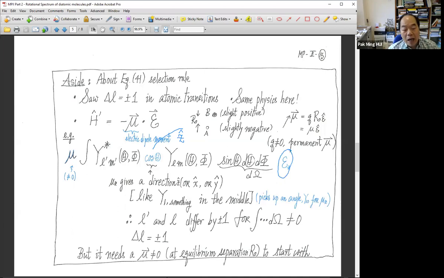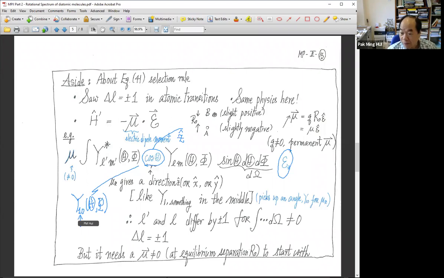Whatever you pick, at least for this particular example, cosine theta is Y10 theta phi. Do you know that? Now, if you have forgotten what Y_LM theta phi is in form, don't worry, there are tables for you to look up. What I'm saying is that cosine theta is Y1.